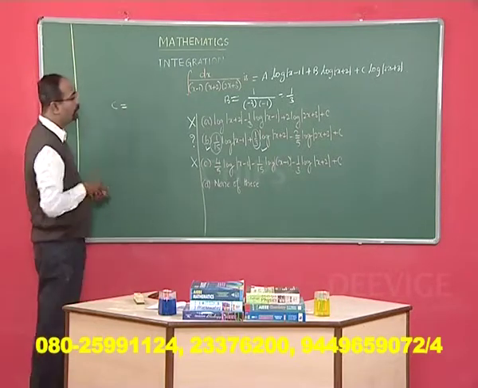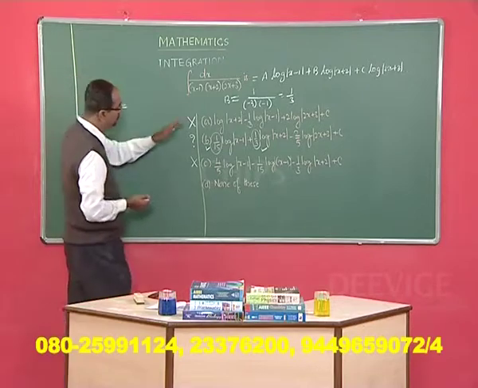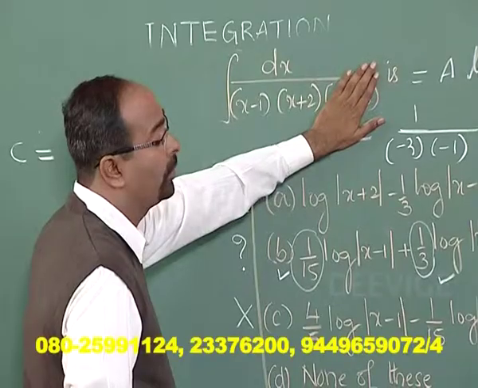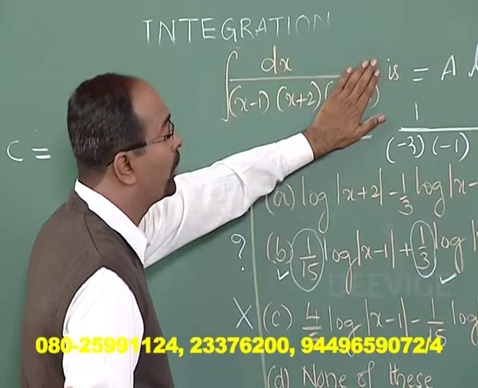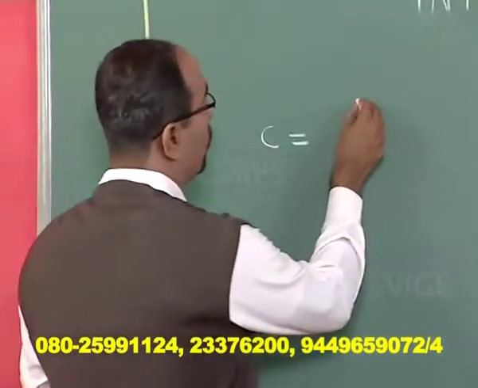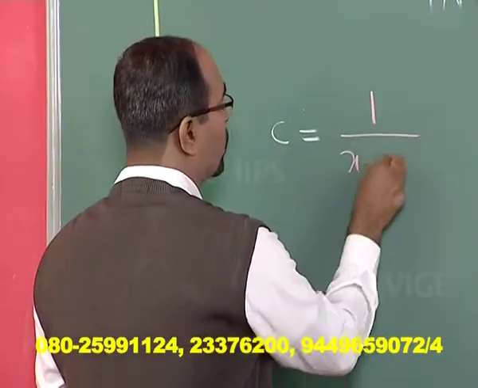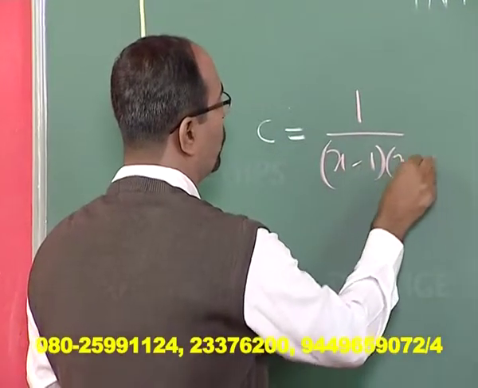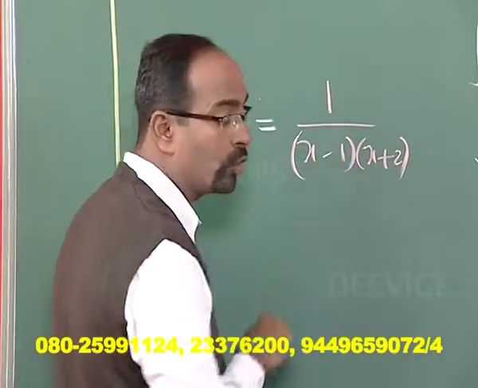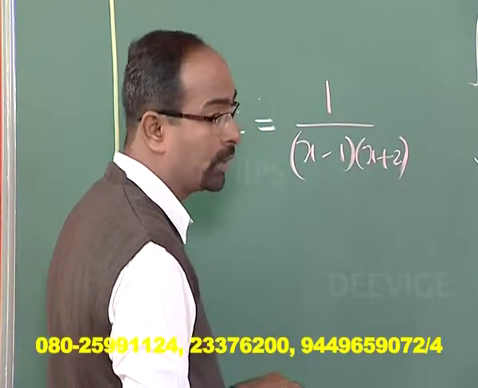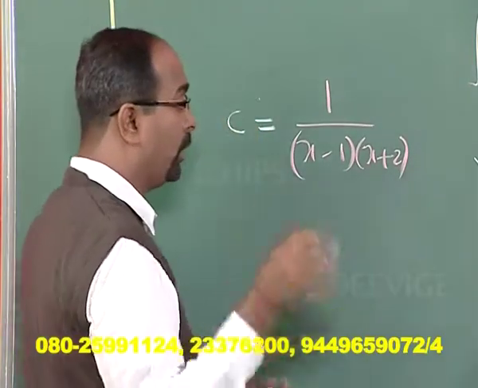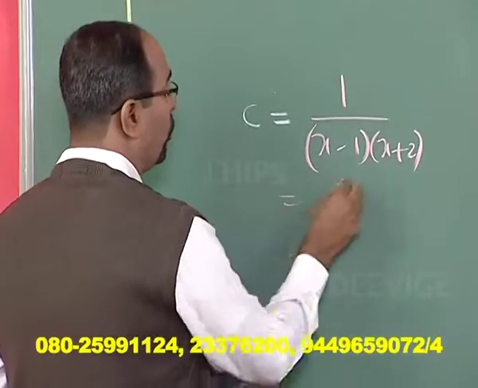The value of C is given by, just close this, equate x is equal to minus 3 by 2. That is, C is equal to 1 over x minus 1 into x plus 2 at x is equal to minus 3 by 2. There is something you have to concentrate on here.